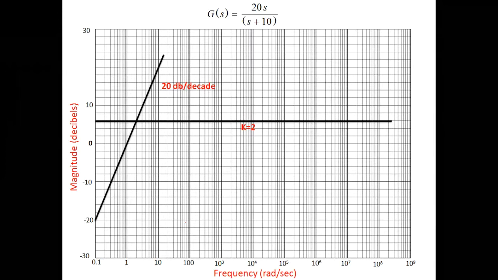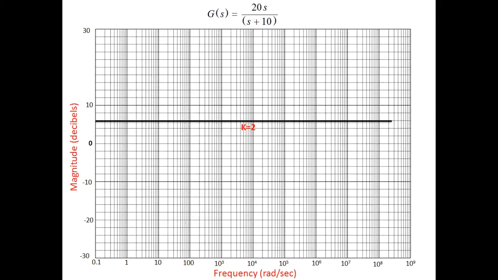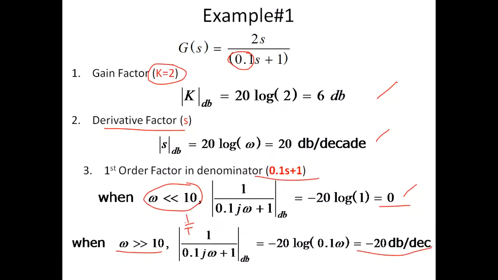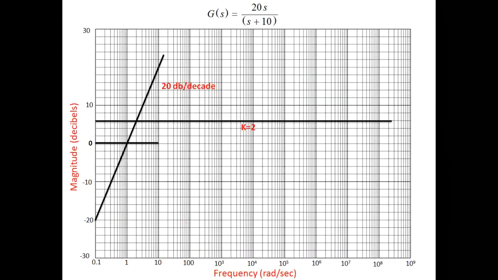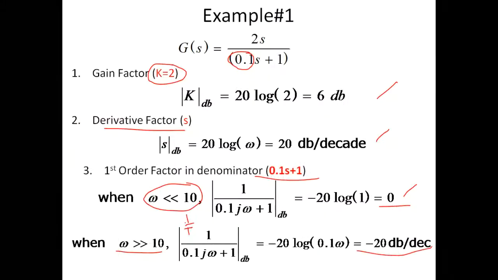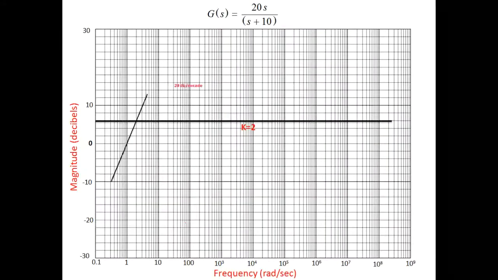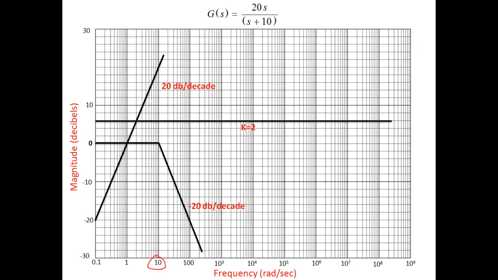We also have the 20 decibel per decade. It comes from the derivative factor. And we have 0 for low frequencies until 10. We have 0 until 10 radian per second. Then we have minus 20 decibel.